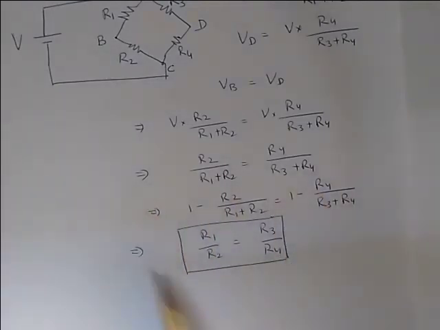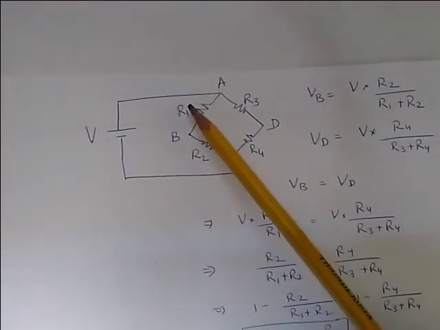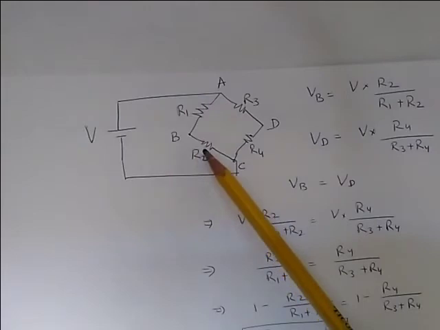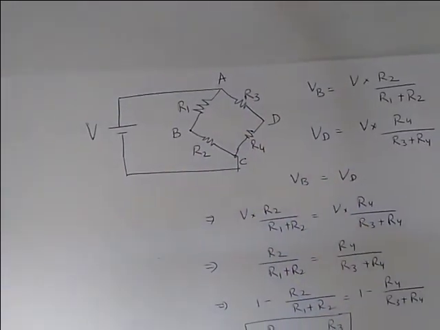I have not done this rearrangement quite right here, but I will leave it as an exercise for you to show that R1 divided by R2 is equal to R3 divided by R4. So the key thing is that the ratio of the resistor R1 divided by R2 should be equal to R3 divided by R4.